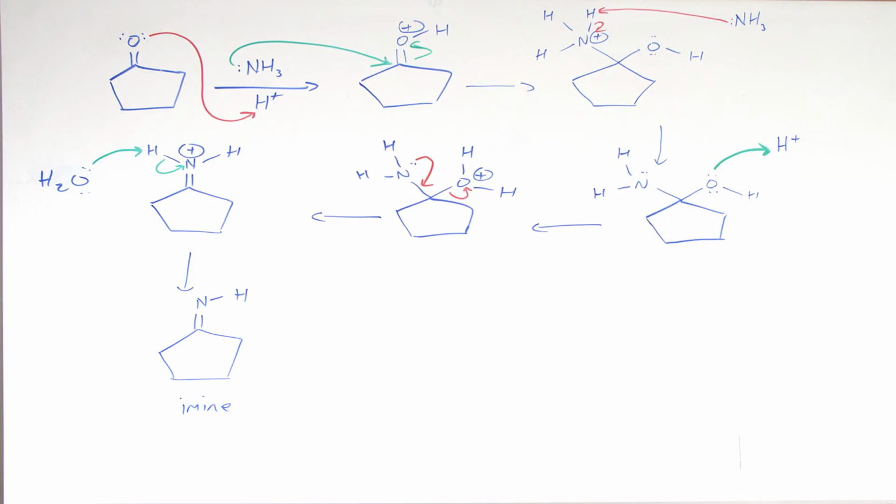Overall, this is a very favorable equilibrium. Why? I've drawn it as reversible, but generally it lies heavily towards that product. Why? The trade-off point is the difference between reversing this, throwing the nitrogen out, or going forward by throwing the oxygen out.